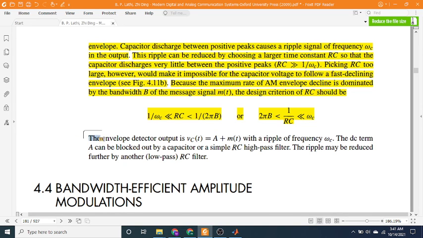The envelope detector output is vC(t) equals A plus m(t) with a ripple of frequency ωc. The DC term A can be blocked out by a capacitor or a simple RC high-pass filter. The ripple may be reduced further by another low-pass RC filter.